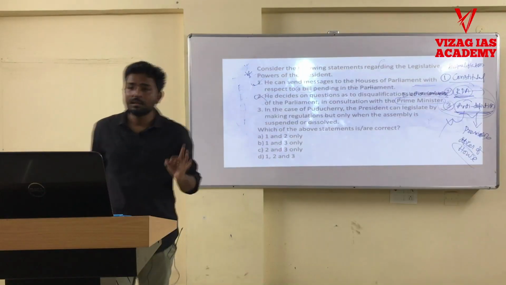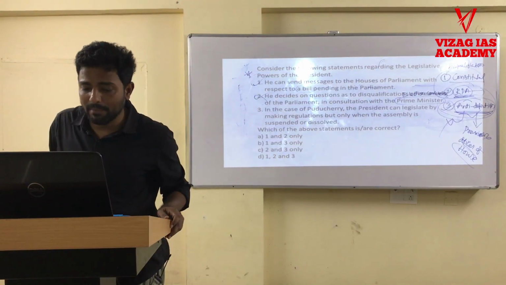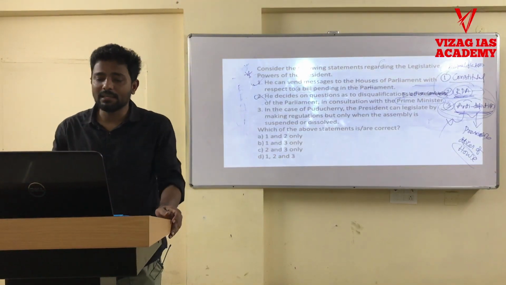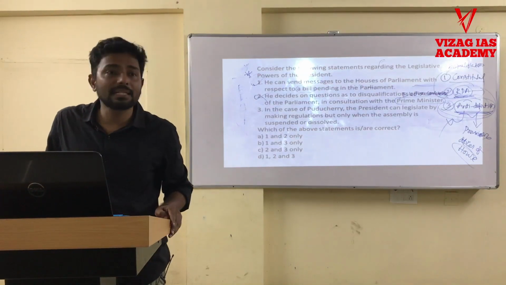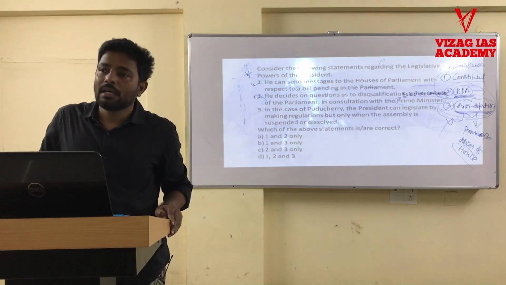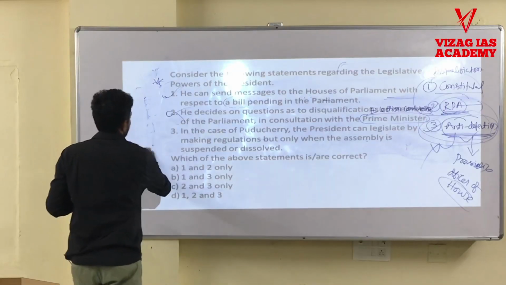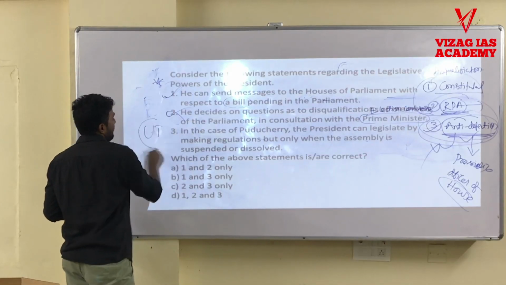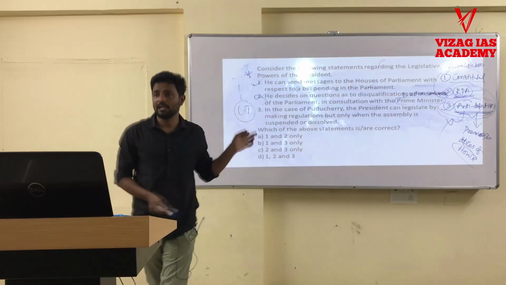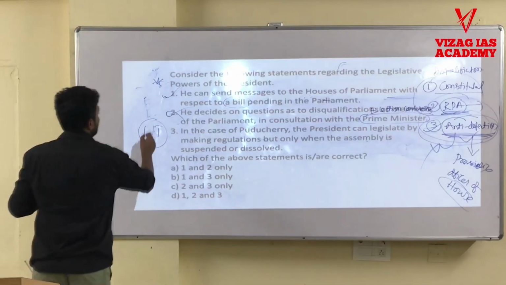So the third point: in case of Puducherry, the president can legislate by making regulations, but only when the assembly is suspended or dissolved. Is it correct or not? Can the president make legislation for union territories or not? Yes, right. Particularly where there is a legislature; there is a legislature in only 2 of the union territories.